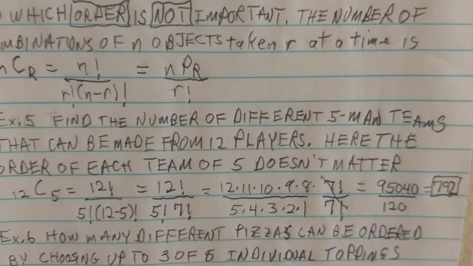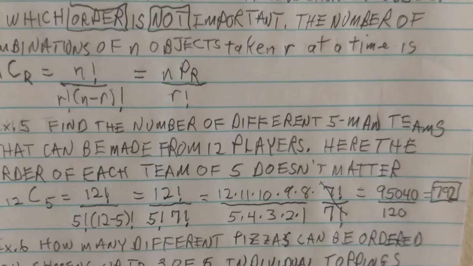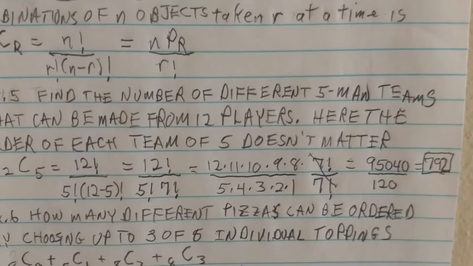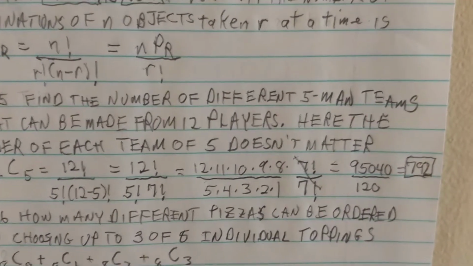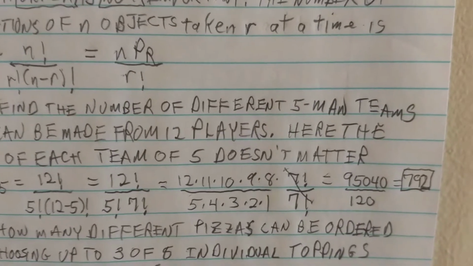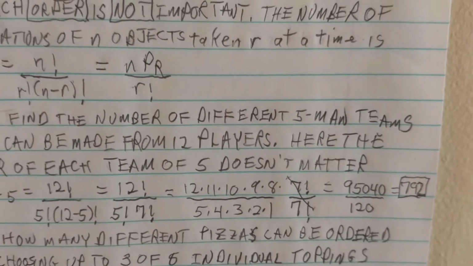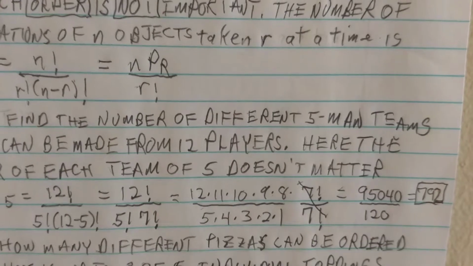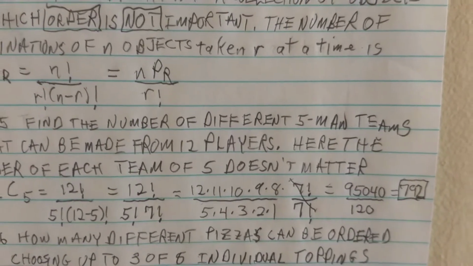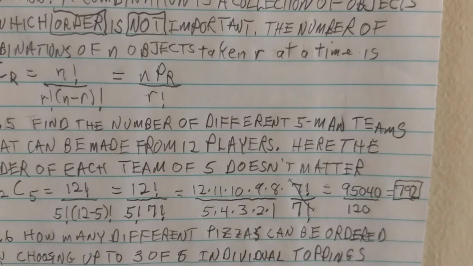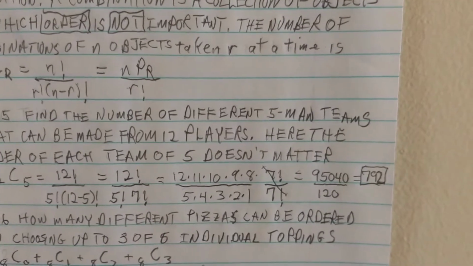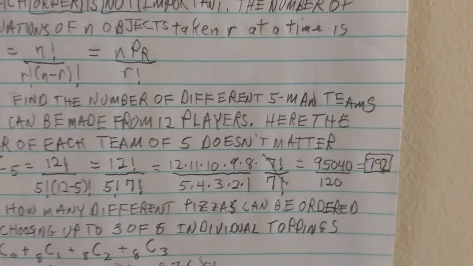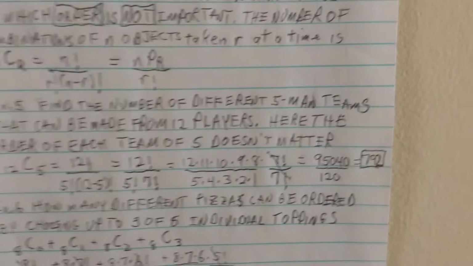So that's 12 factorial over 5 factorial times 7 factorial, and that comes out to 12 times 11 times 10 times 9 times 8 times 7 factorial over 5 times 4 times 3 times 2 times 1, 5 factorial, and the 7 factorials cancel. So that's 95040 over 120, which is 792.